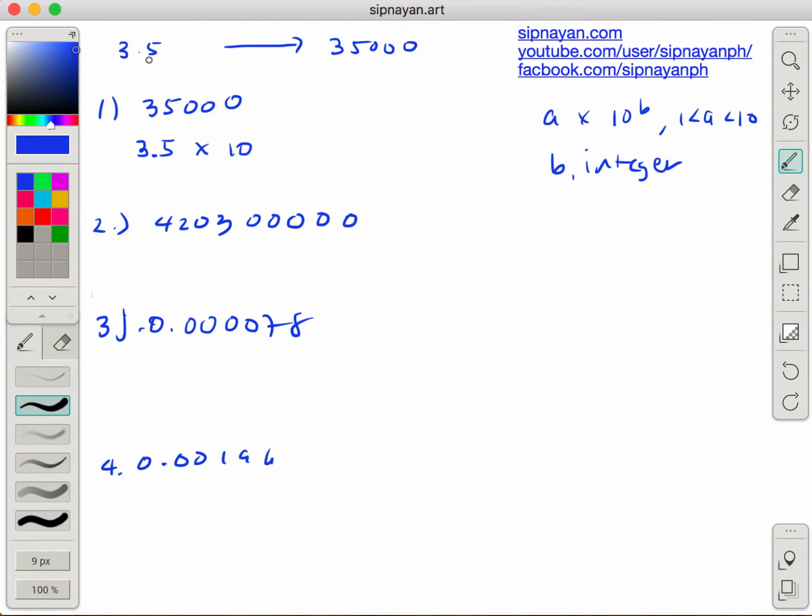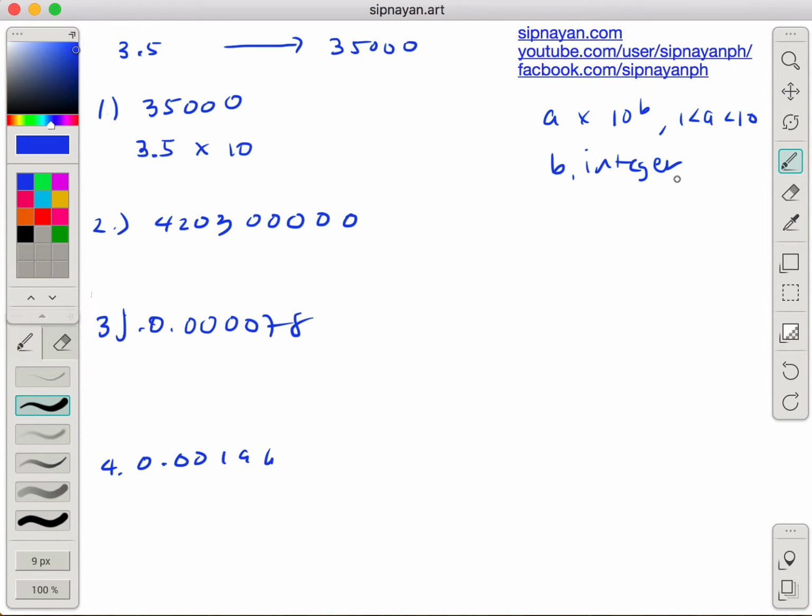From 3.5 to 35,000, obviously lumalaki, so pag lumalaki yung number, positive yung power natin. Kung napanood niyo yung previous video, pag negative yung power, nagde-divide tayo actually. So 10 to the negative 1 is actually multiplying by 1 over 10 or dividing by 10. So pag palaki, positive yung power. At ilan yung positive na power na yon?